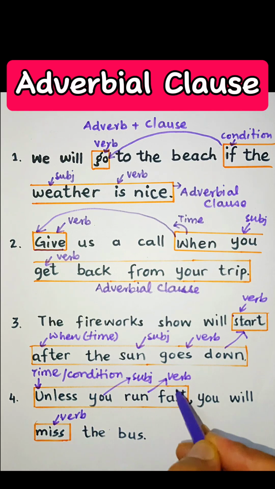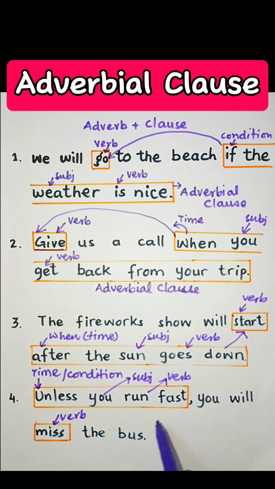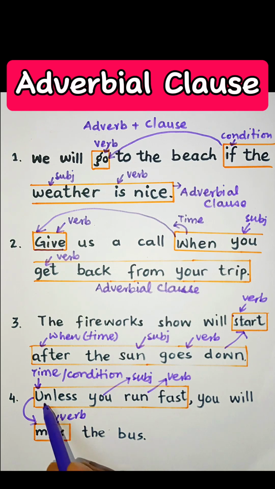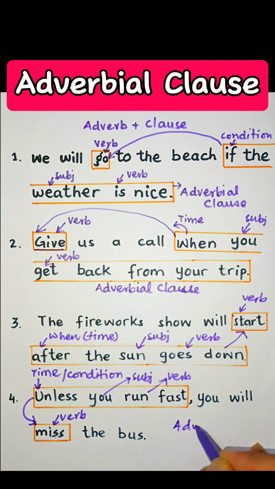So it becomes a clause and it is adding to the meaning of the verb in the main clause, that is, you will miss the bus unless you run fast. Only if this condition is fulfilled can you catch the bus, otherwise you will miss it. So this clause is telling us something more about the verb miss. That's why it becomes an adverbial clause as well.